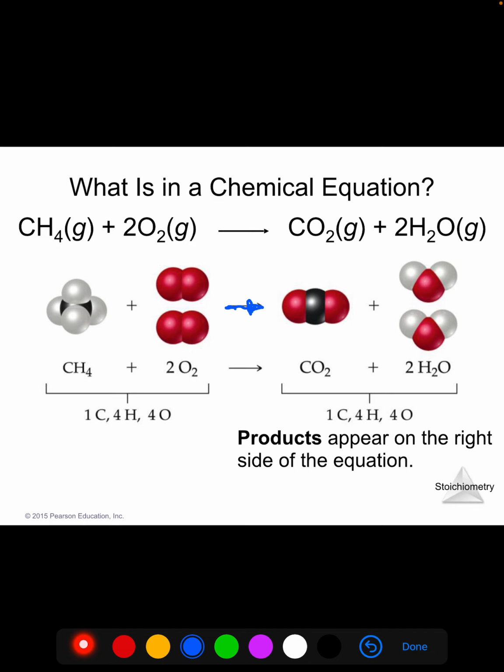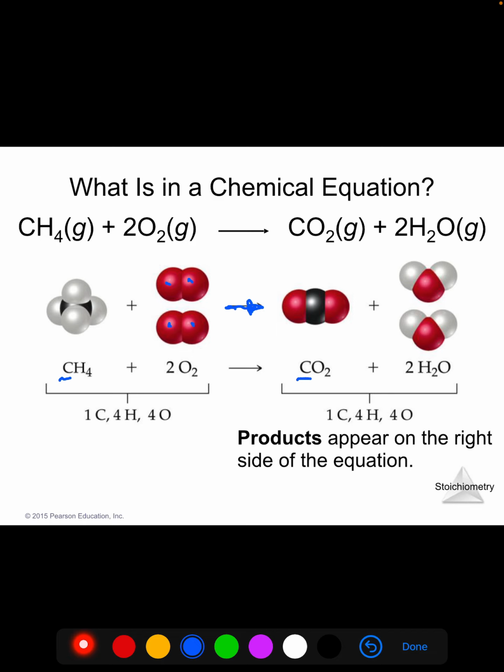And we're assuming that everything reacts on the left to give the products on the right, and that if you count, you'll see there's one carbon on this side and one carbon on this side. There are 4 oxygen atoms, 2 oxygen molecules.